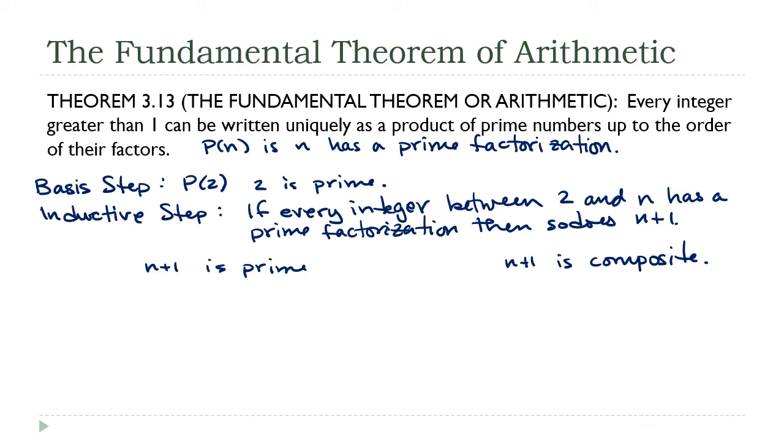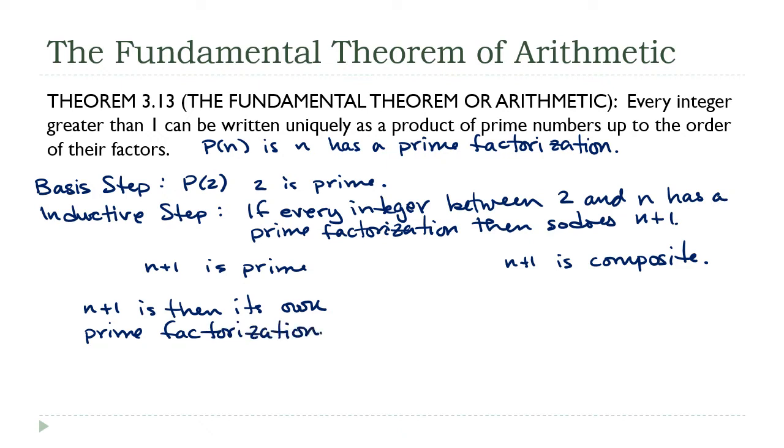If n plus 1 is prime, then just like we did with the basis step with n equal to 2, n plus 1 is the product of a single prime number, and we're home free. There's n plus 1 as its own prime factorization.